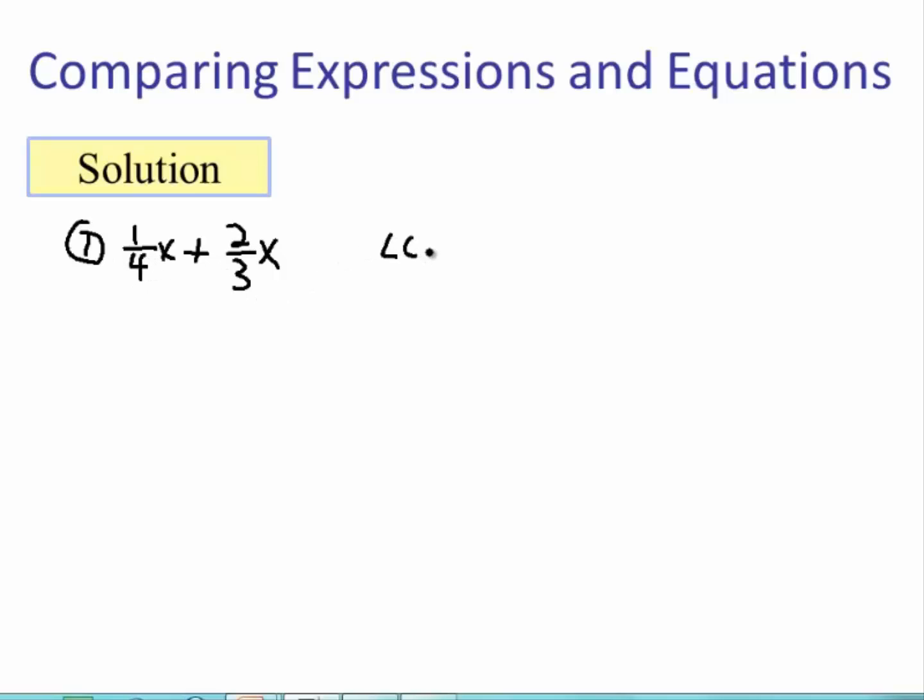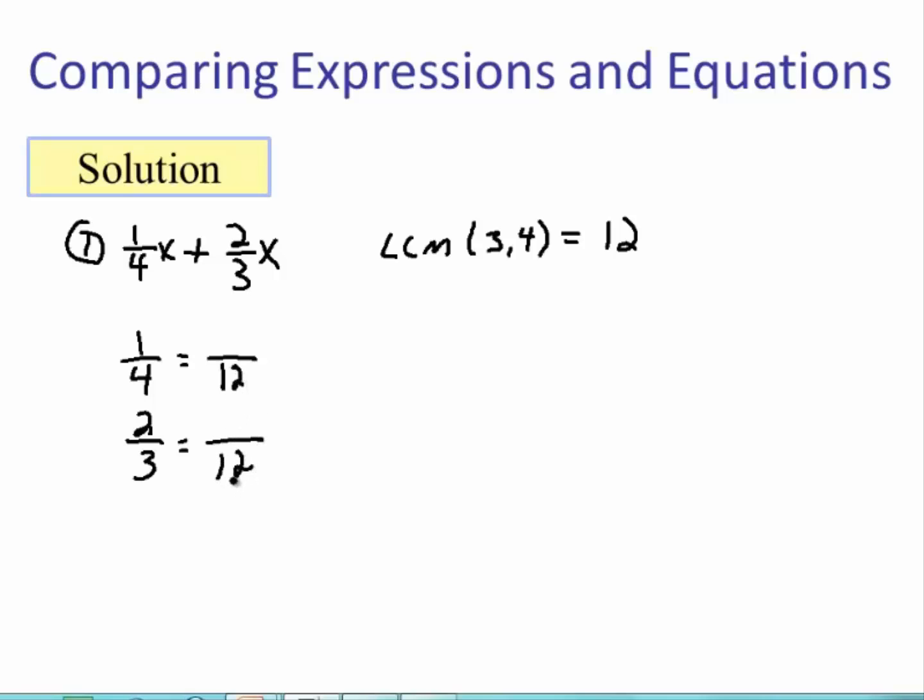The least common multiple for 3 and 4 is 12. We have to take each fraction and make an equivalent fraction where the denominator is the same value, 12.